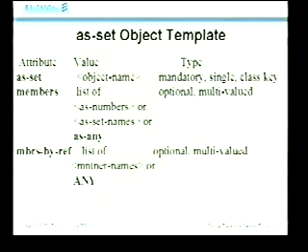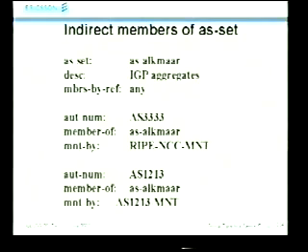And members by ref here is any. Okay? So these are filters. You can allow every AS in the routing registry to be a member of your AS set, or you can list it explicitly with either AS number or an AS set name. And again, here's a filter on membership.